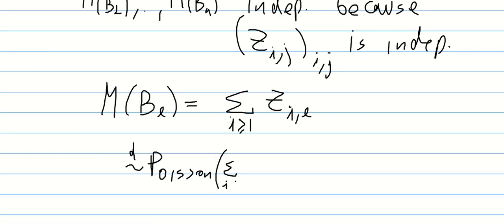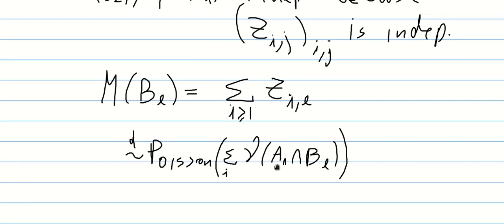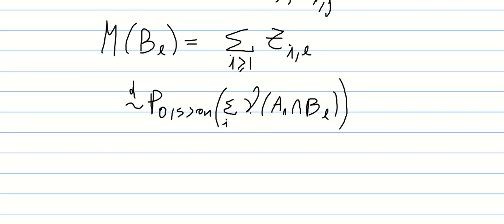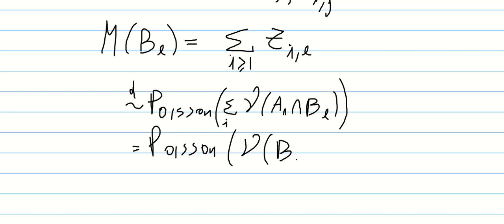What's the intensity of this guy? It's nu of A_i intersect B_l. But nu is a measure, so the sum of these disjoint sets is just the measure of the union. And what's the union here? The A_i's exhaust the whole space, so this is just B_l.